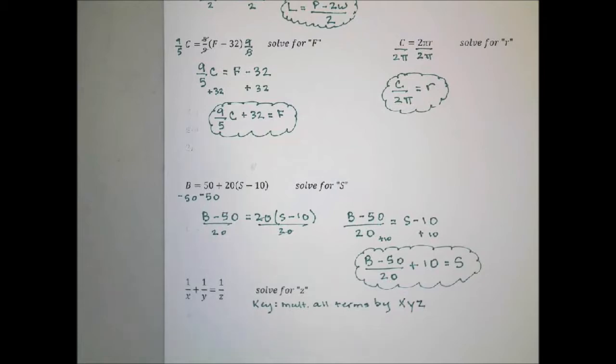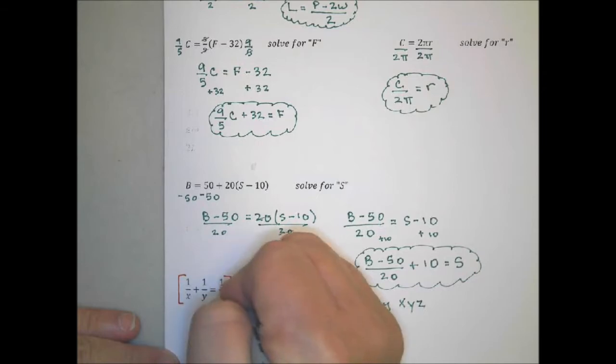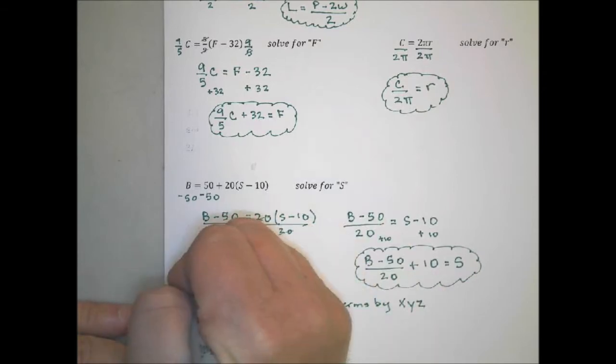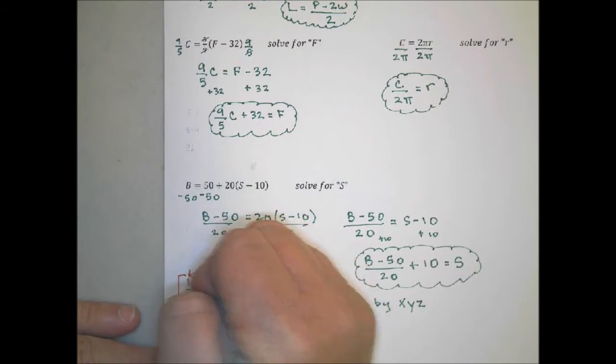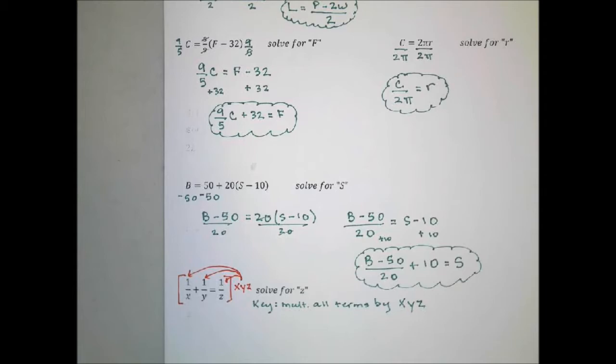The entire problem needs to be multiplied by x, y, z. So it's like a triple distribution. Now, since every one of those numerators is a 1, it kind of makes the problem pretty darn easy. 1 times x, y, z would be x, y, z.